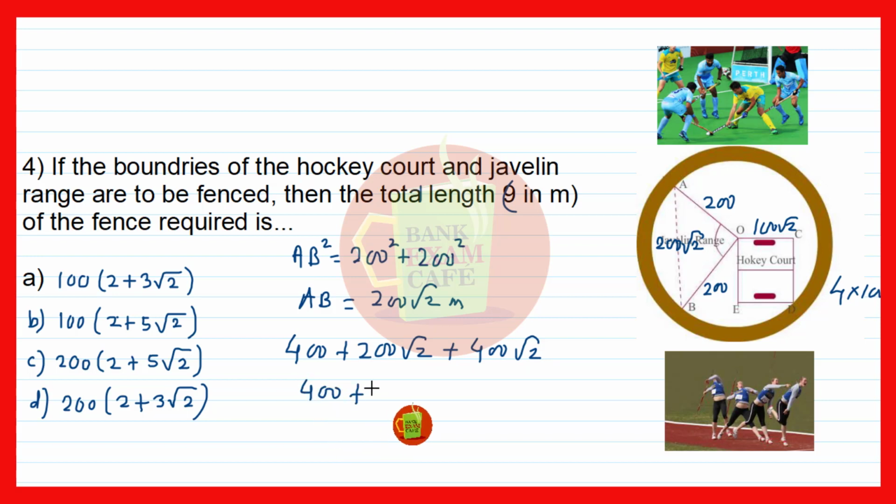So that is 400 plus 600 root 2. If you solve this further, taking 200 as a common factor, you get 200 into the bracket 2 plus 3 root 2 meter, and therefore the total length of the boundary is 200 into bracket 2 plus 3 root 2 meter. So the fourth option is the correct option. Now let us move to the next question.